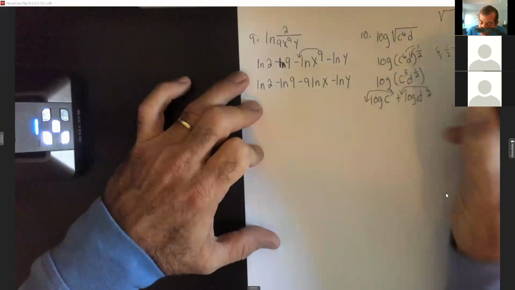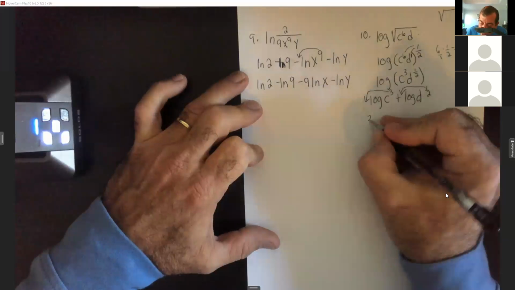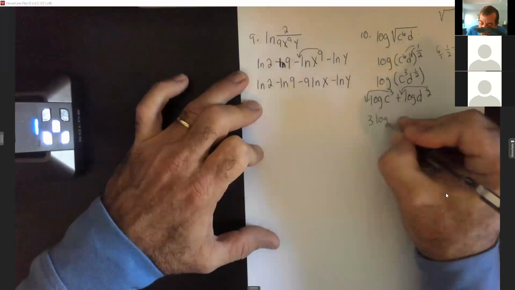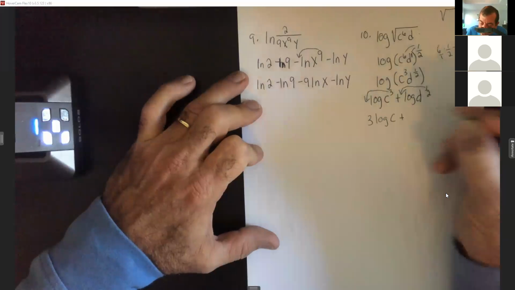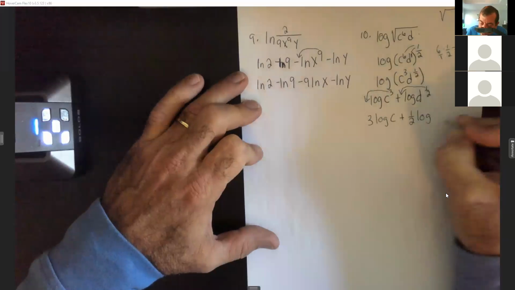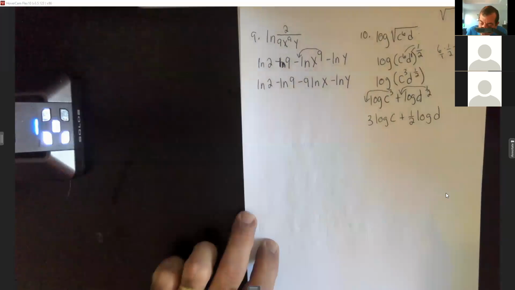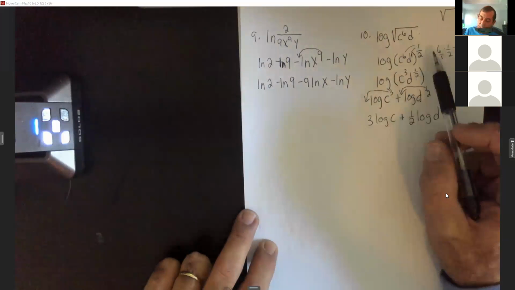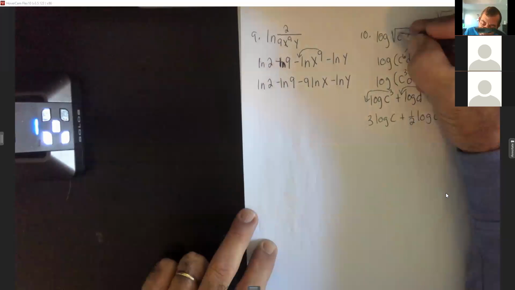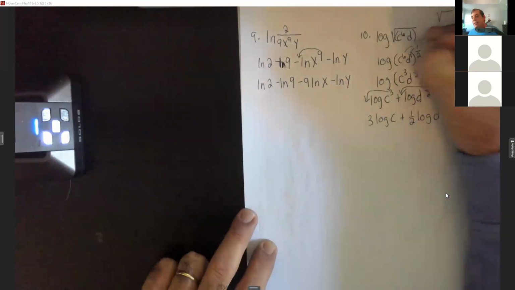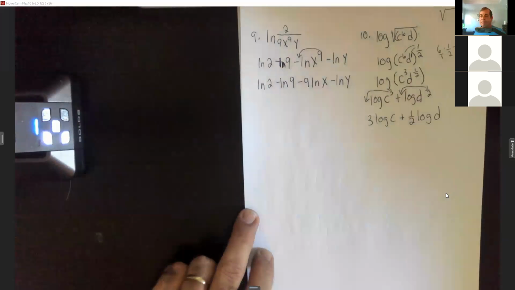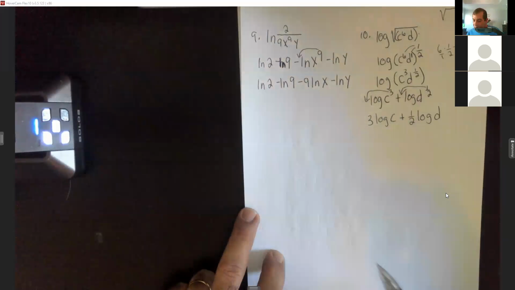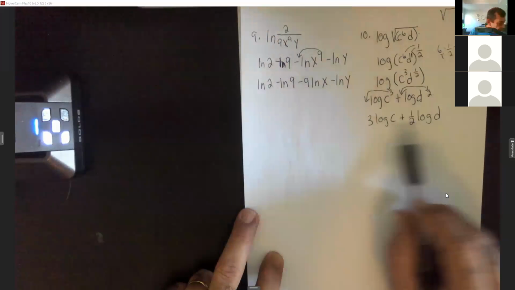So this one gives me 3 times log c plus this one will give me a 1/2 times log d. So y'all just remember when you rewrite these, I treated this like it was all in parentheses, okay? And then let's see, no more exponents are sitting up, so we're happy.